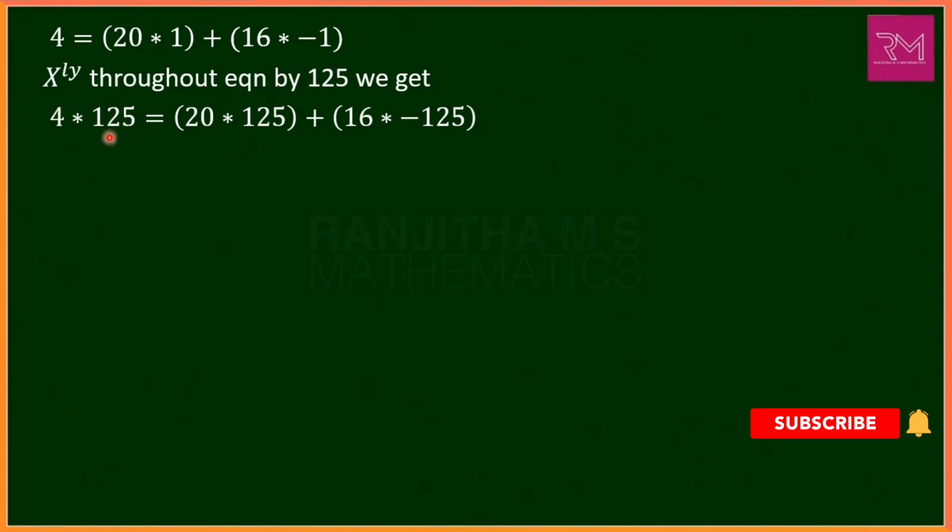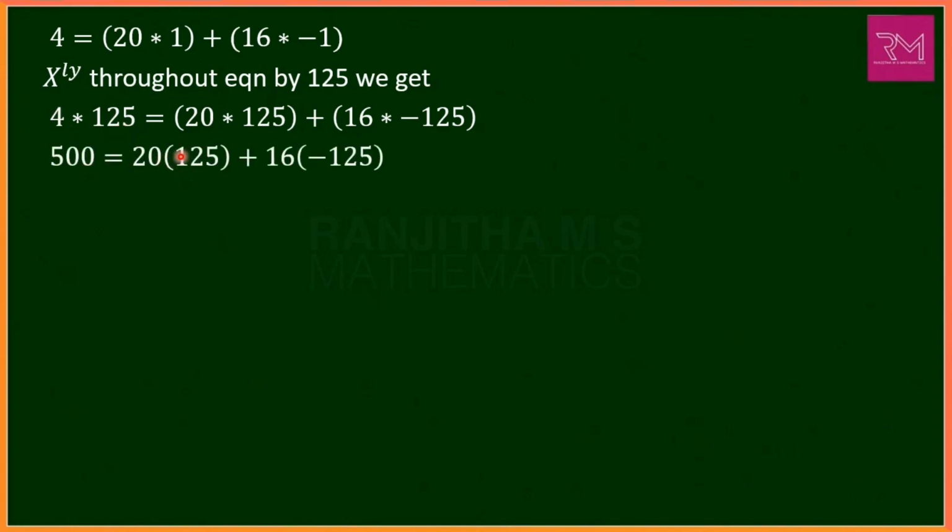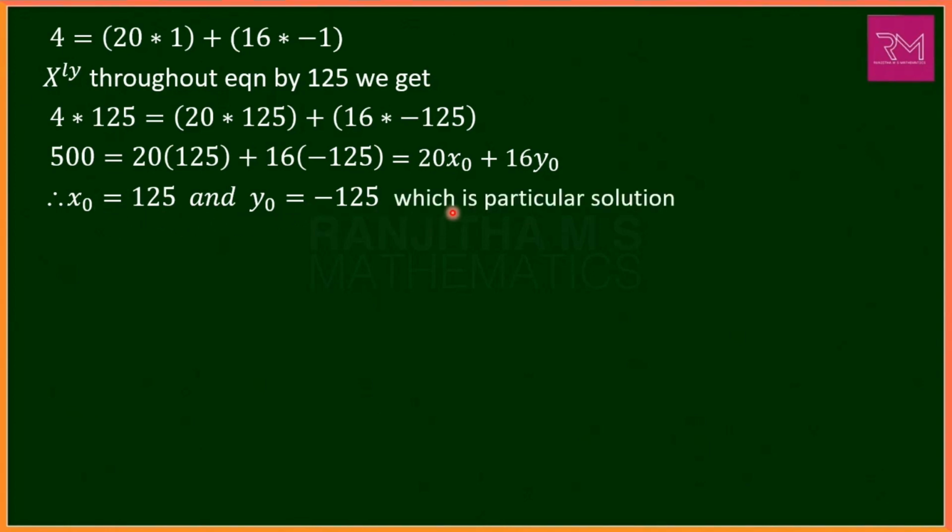Here 4 into 125 is 500, which is equal to 20 into 125 plus 16 into minus 125. So this is of the form 20x0 plus 16y0, where x0 value is 125 and y0 value is minus 125. Therefore we get x0 and y0, which is a particular solution for the given linear Diophantine equation. So this is the procedure to find a particular solution.